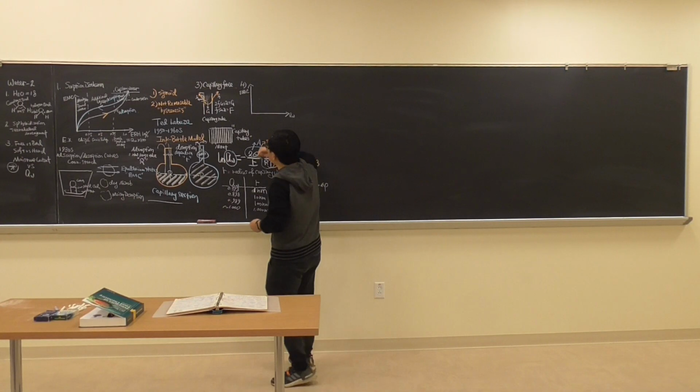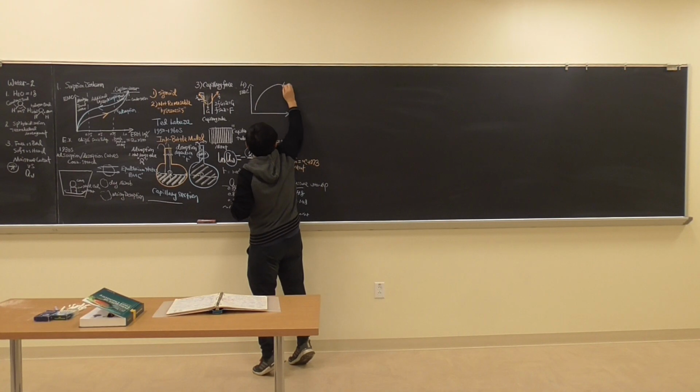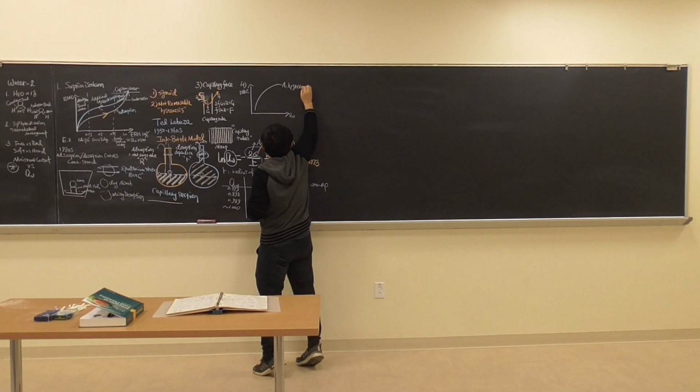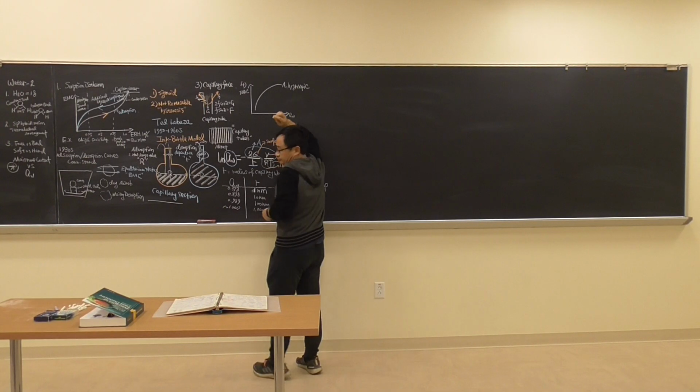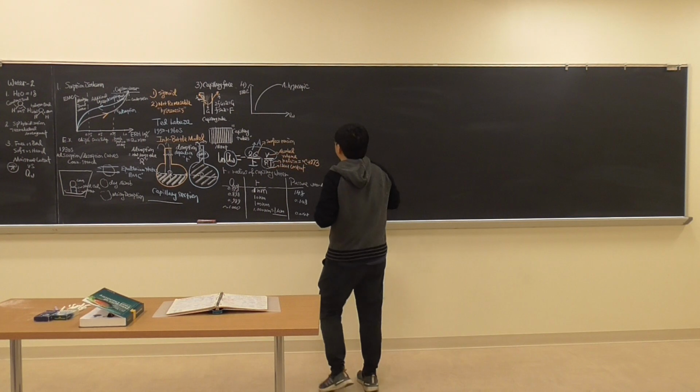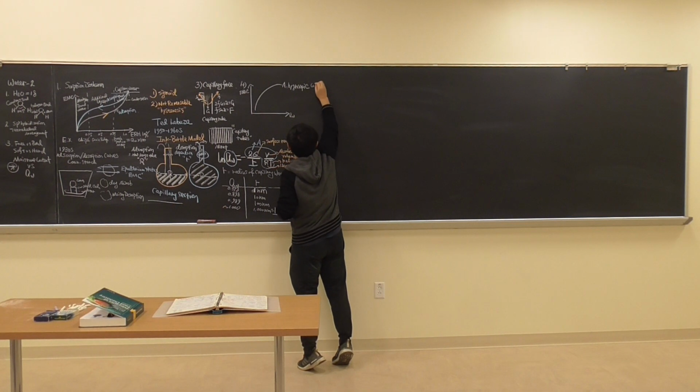So you may get a curve like this. We call it a high hygroscopic product. That is very typical for coffee bean powder.